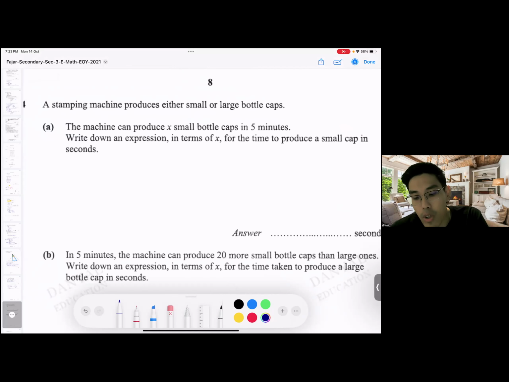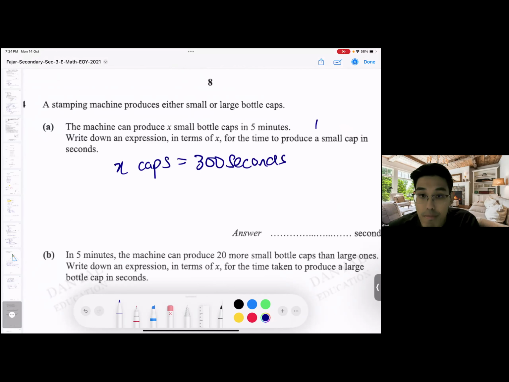X small bottle caps in 5 minutes. So X in terms to produce a small cap, one small cap in seconds. How? So X caps equals to 300 seconds. Okay? Because it's seconds, 3 seconds.